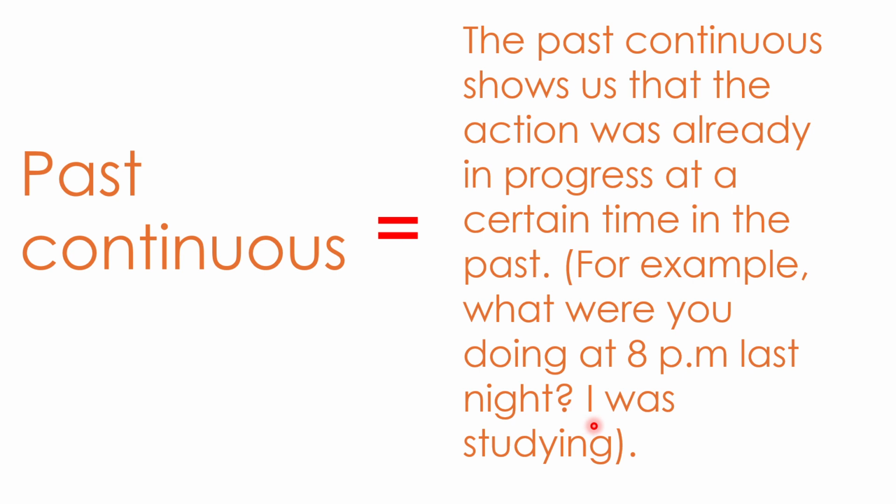I was studying. So basically, the past continuous shows us that the action was already happening at a certain time in the past. So for example, what were you doing at 8 p.m. last night? I was studying. Perfect.